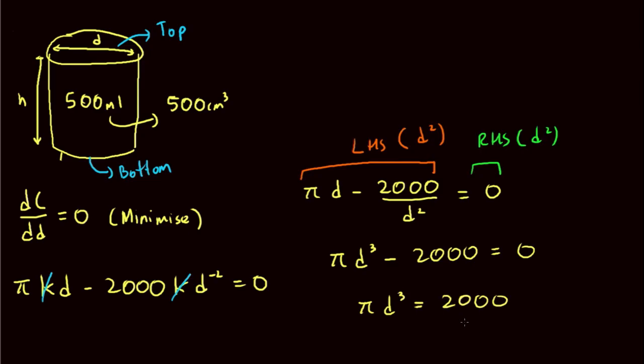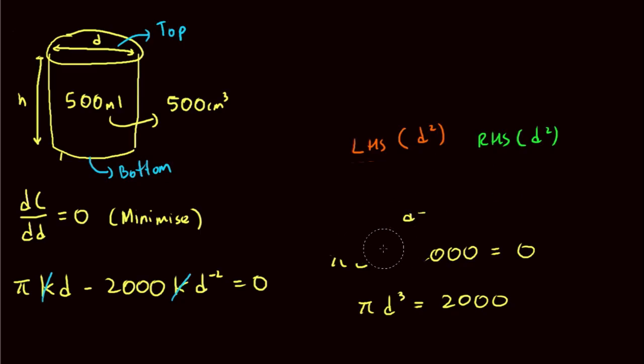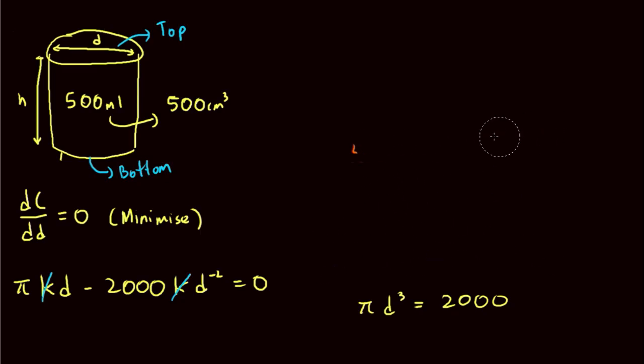Eventually, if you try to solve this problem, I'm going to erase this part for the sake of space. So we'd have d cube equals 2000 over pi, which obviously leads to taking the cube root.